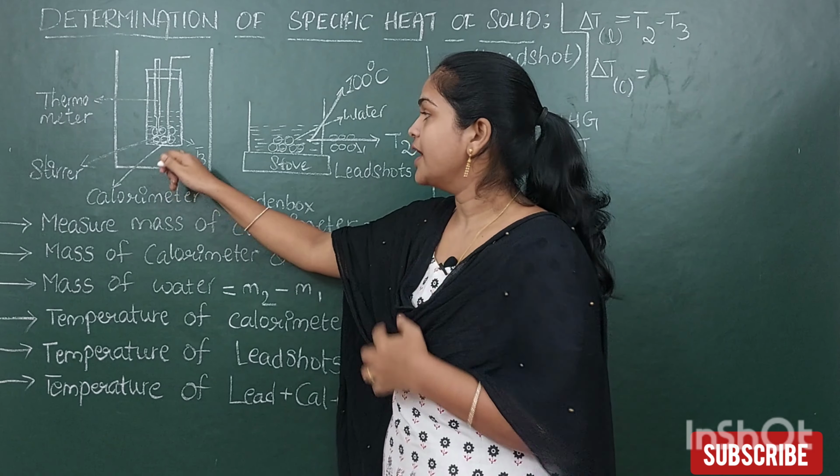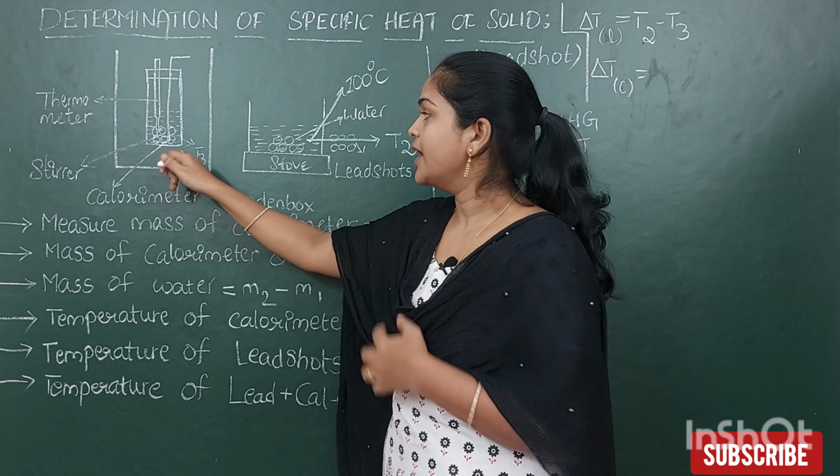Who gained? The calorimeter and water gained. So QL, the heat lost by lead shots, is equal to the net heat gain by calorimeter plus water.